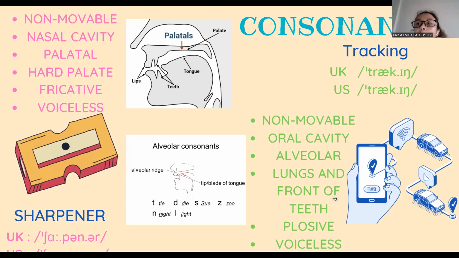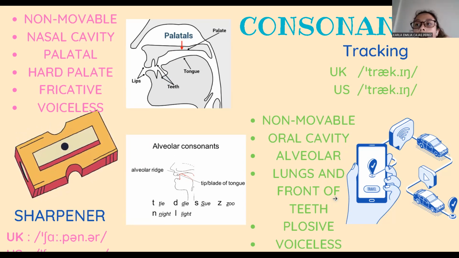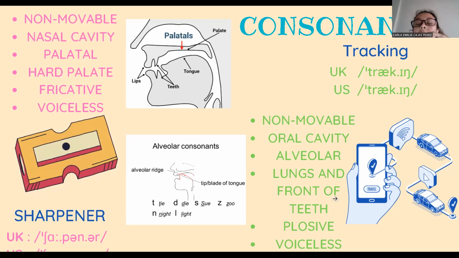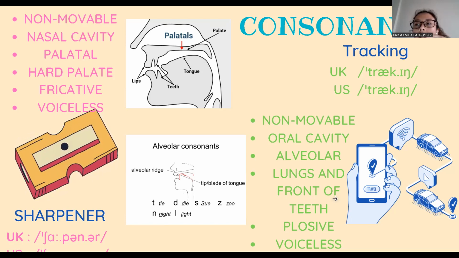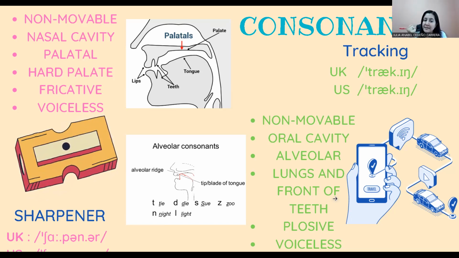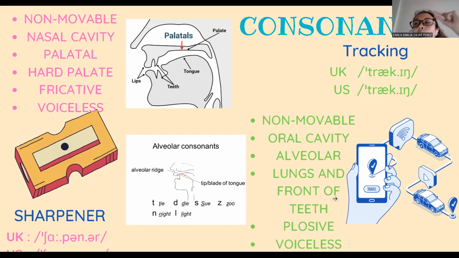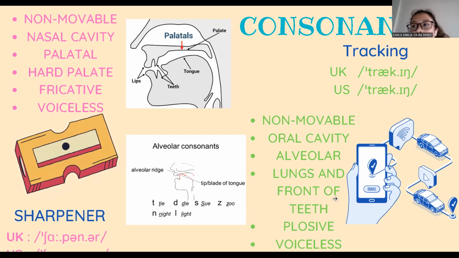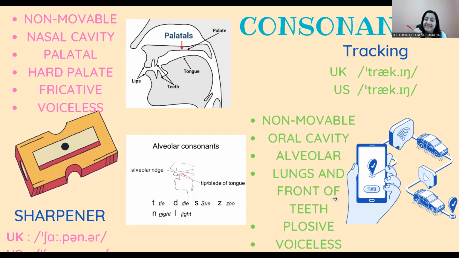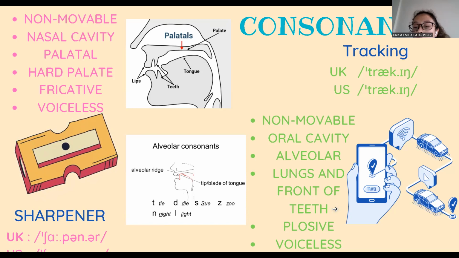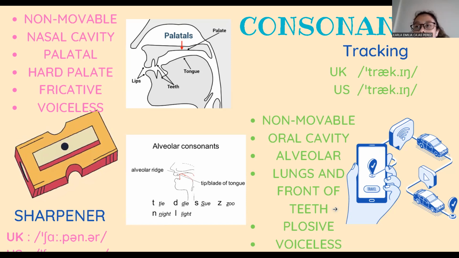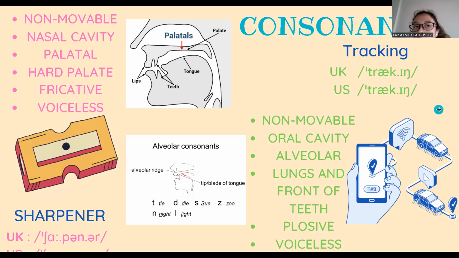The tip of the tongue goes up, and it's on the front of the teeth, kind of like you touch behind the front teeth, on the upper part. Yes. So we say it's plosive because it requires a stop in the air, and it's voiceless because the vocal cords don't move.